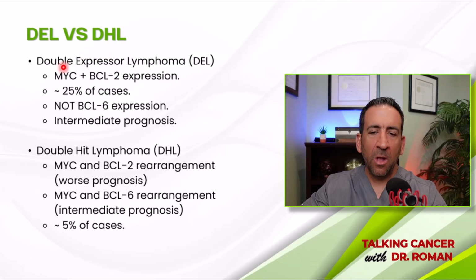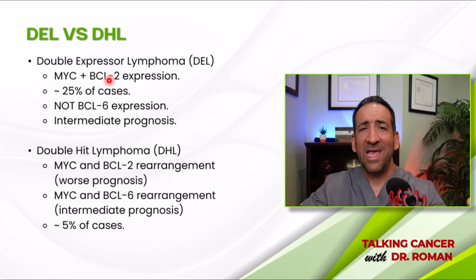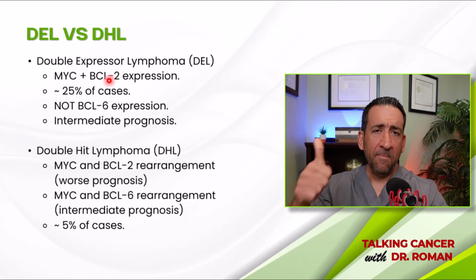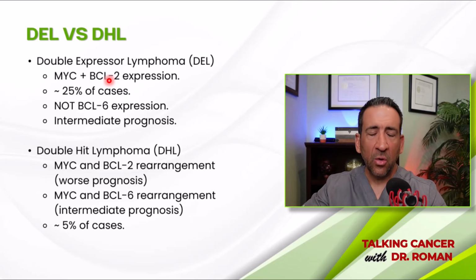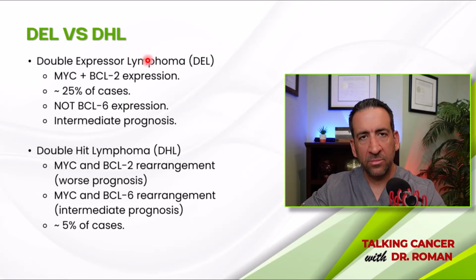The first one is double expressor lymphoma. Remember, expressor means that it has the protein. Again, looking at MYC and BCL2. So if you have the MYC protein and you have the BCL2 protein, you're expressing both of them, then you are called a double expressor lymphoma.